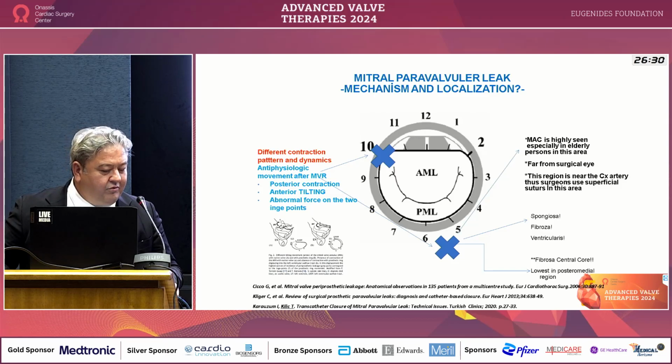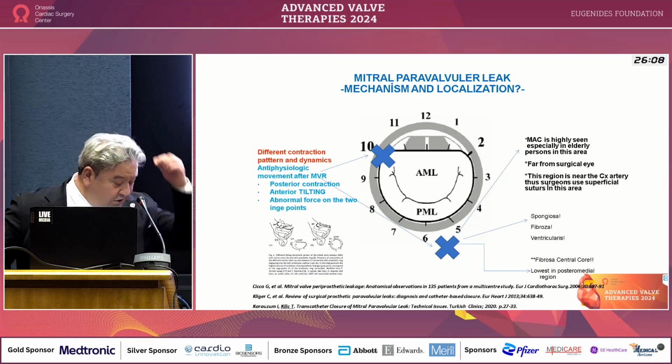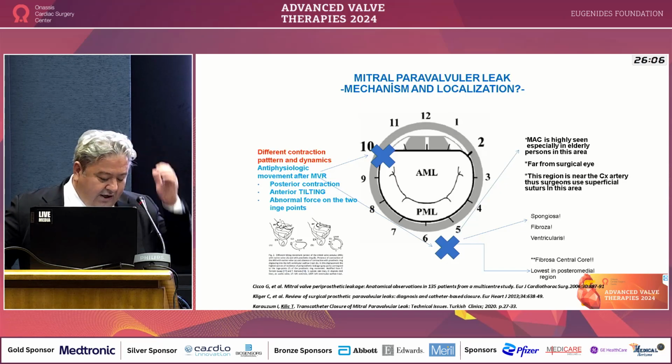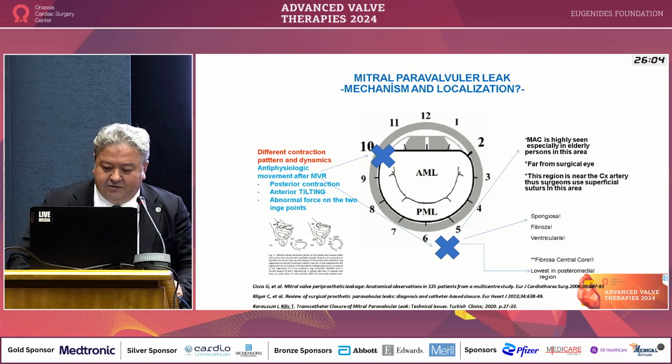This is very important. When we close the leaks with appropriate methods and devices, one or two years later another residual leak, or another leak across these areas, may be seen. This can be one of the mechanisms of recurrent paravalvular leak after transcatheter paravalvular leak closure.